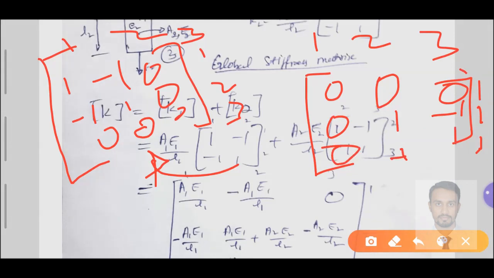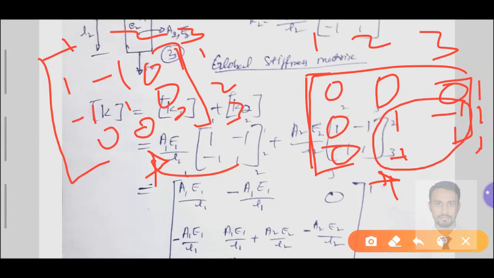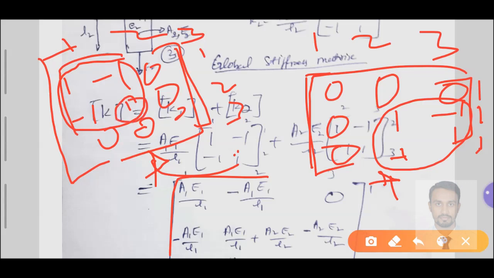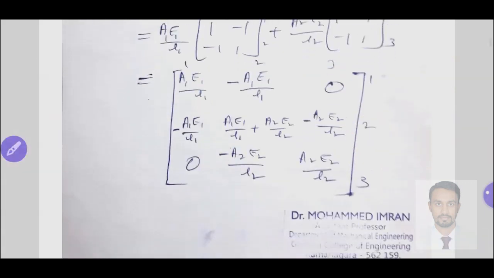So you can see this is equals to 0 for the stiffness matrix of element number 2, all these values we have, and the lower L is equals to 0 for element number 1, and then the upper portion is not equals to 0. Similarly here the L shape remains the same, and these 2 values have been added. This is another way to remember the matrix addition.